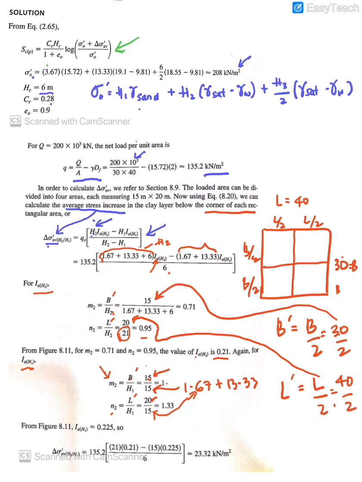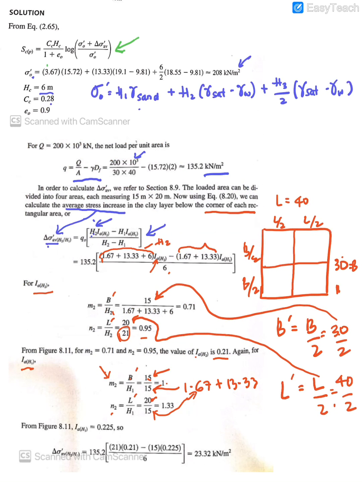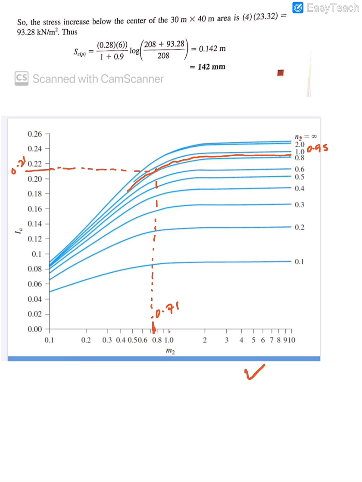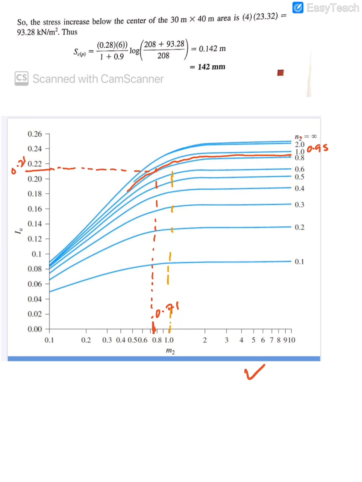Okay, so from the figure here, M1 is 1. Use a different color. So M1 is 1, and N1 is 1.33, about here. So you project.